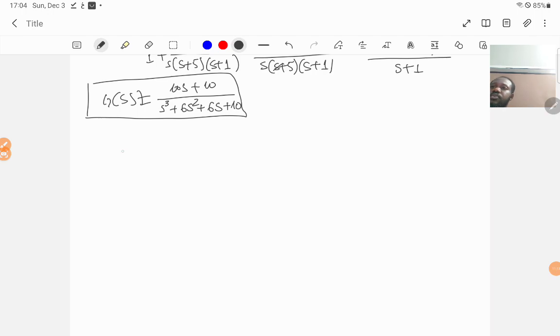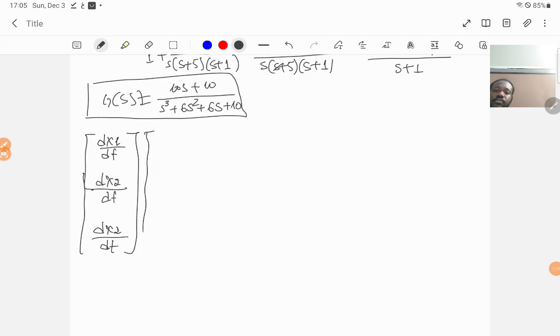Let's search for this one: the derivative of x1 over dt, derivative of x2 over dt, derivative of x3 over dt. Depending on our equation, we have here 0, 1 and 0.